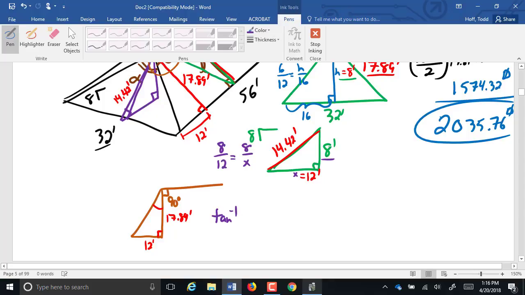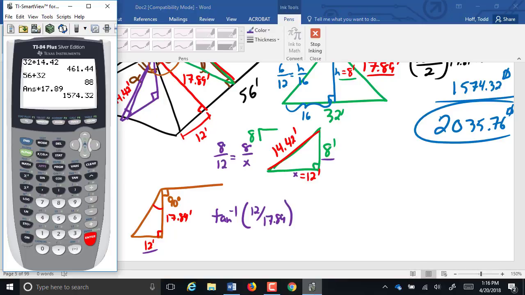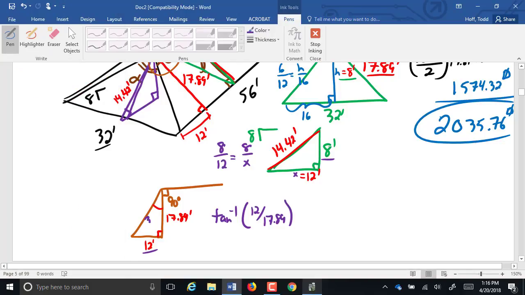I got a right angle, so I can just use a regular trig function, right? That's an inverse tangent of opposite 12 over adjacent 17.89. So I get 33.85 degrees plus the 90, that makes that angle 123.85 degrees. That was theta.